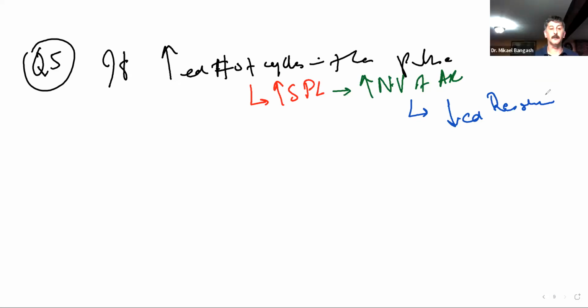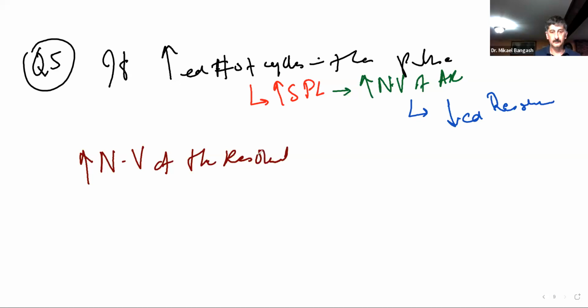Clear? Okay. So if you don't directly know, you can always just tick, tick, tick, this indirectly here. But you can mainly just rewrite it and say greater numerical value of the resolution will lead to a poor resolution.